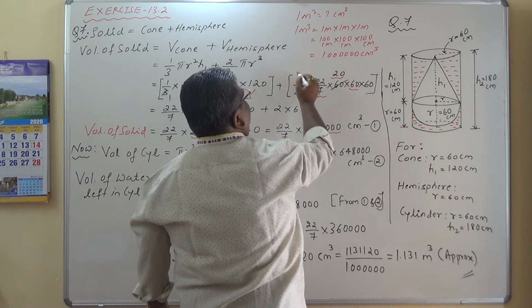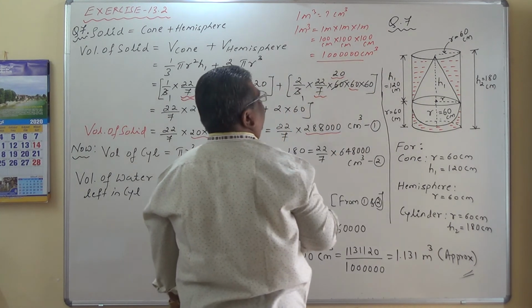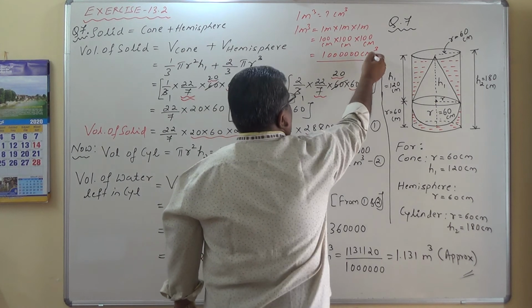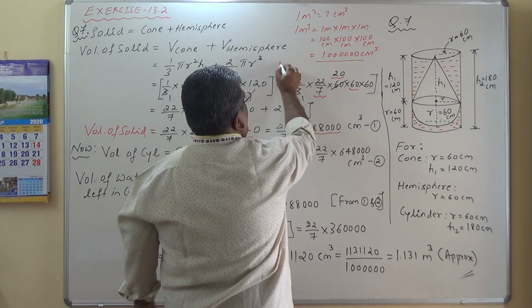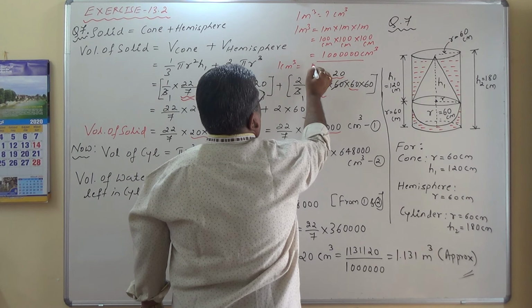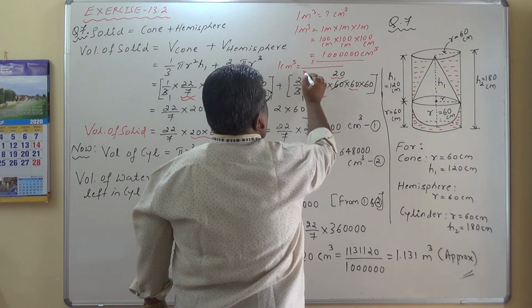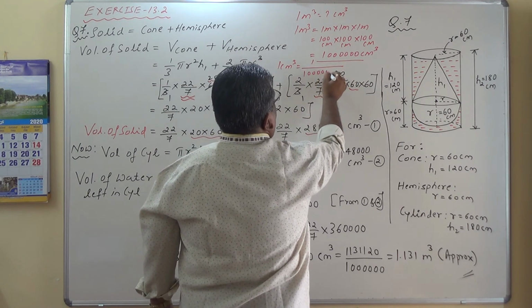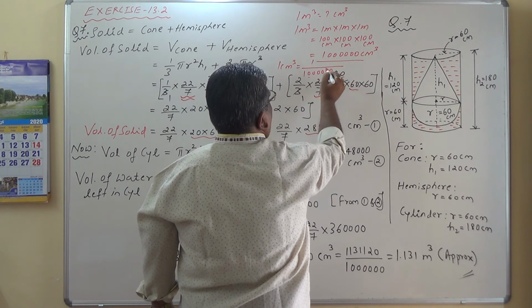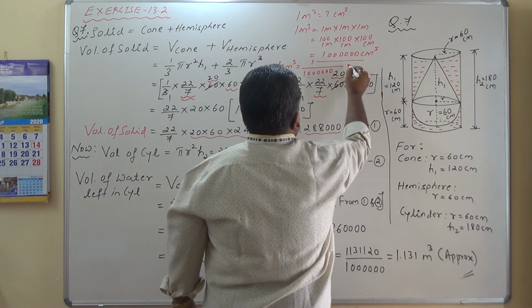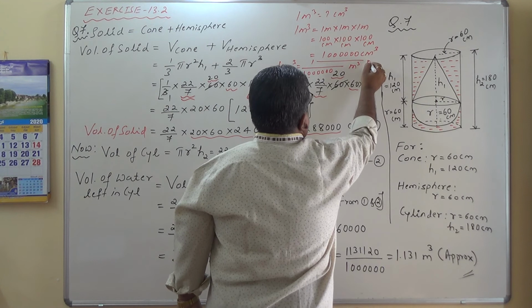So 1 cubic meter is so many cubic centimeters. You got it? Therefore, 1 cubic centimeter is equal to 1 divided by 1 followed by 6 zeros, cubic meter.